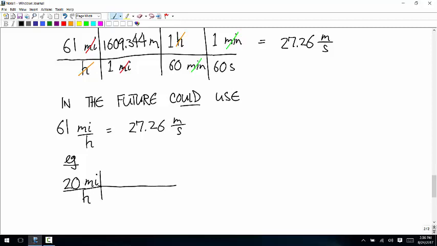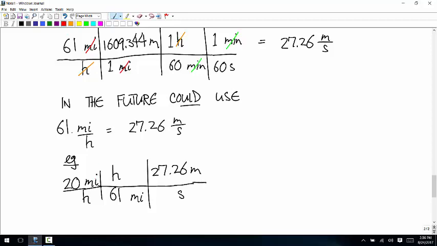So start here. And we know that 61 miles per hour, that's in the denominator, is equal to 27.26 meters per second, that's in the numerator.